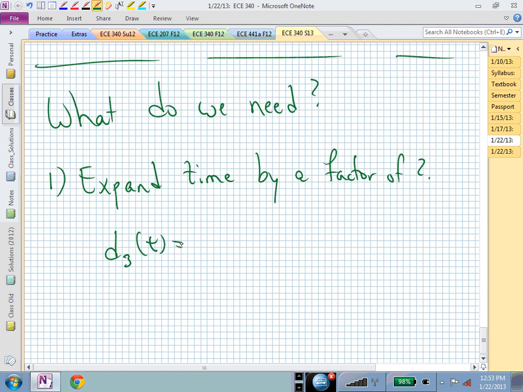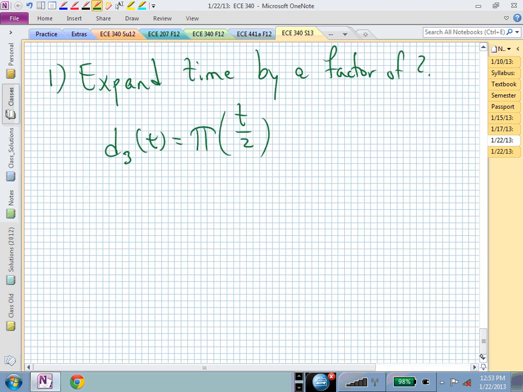D sub 3 of t, I'm saying, is now pi of t over 2. That now looks like a unit pulse, except now we've expanded the time axis by a factor of 2.